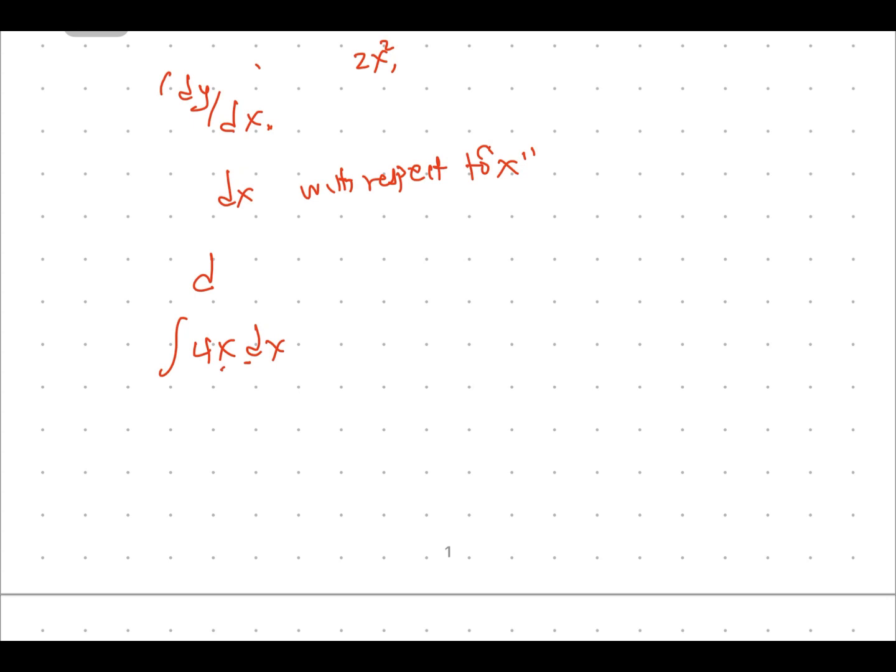Thus, the integral of 4x dx means the integral of 4x with respect to x.